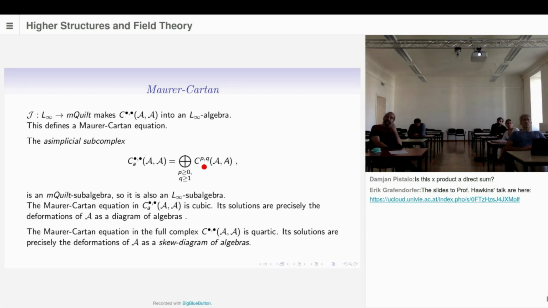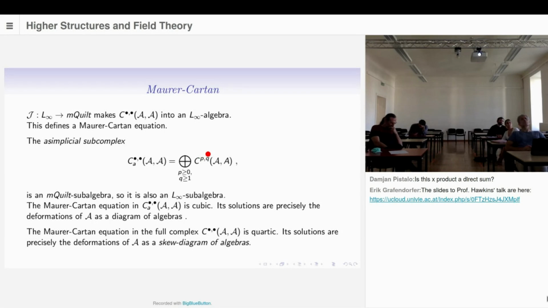The reason this is interesting is because the pieces of a diagram of algebras, the two things that can change, are the multiplication, which comes out as something in degree 0, 2, and the morphisms, the morphism part of it, which comes out in degree 1, 1.